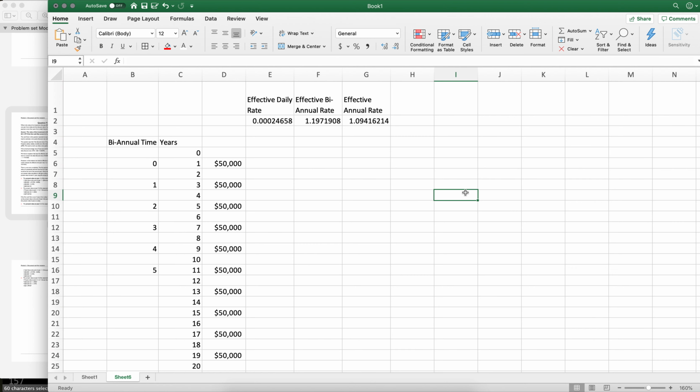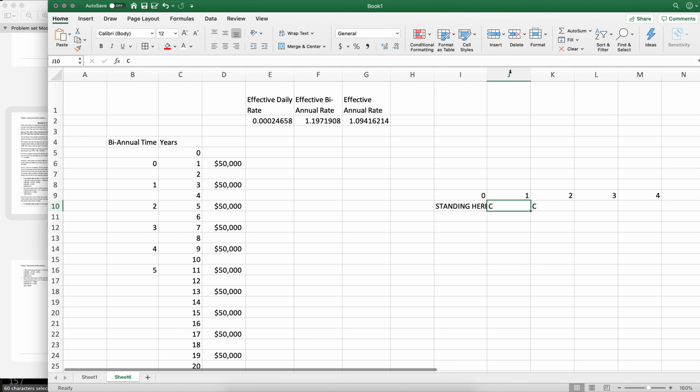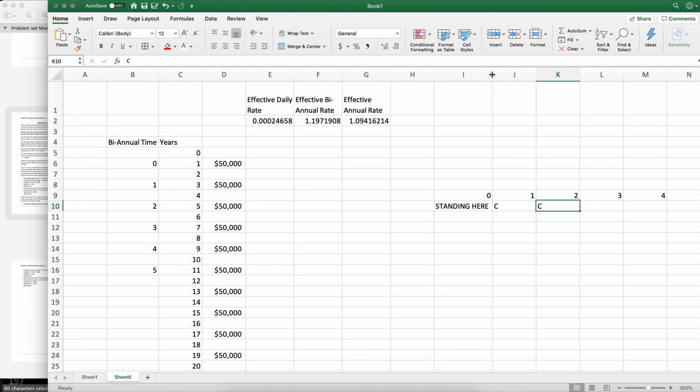Remember when we have an annuity, we're standing here, and we have some cash flow C that happens in each time period going forward.